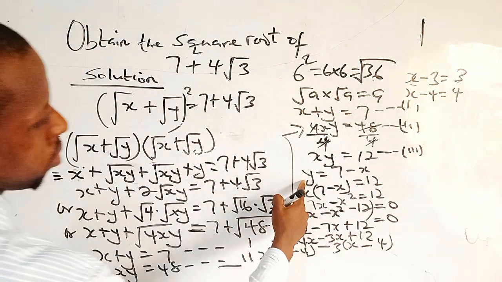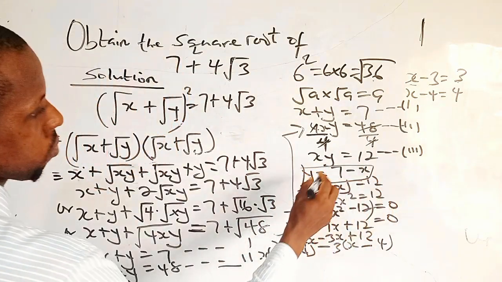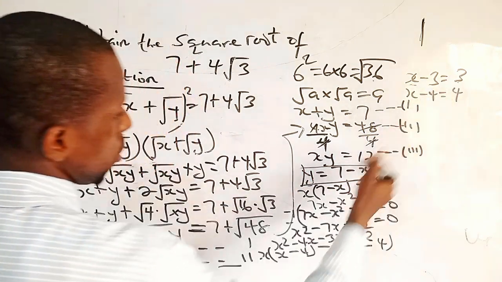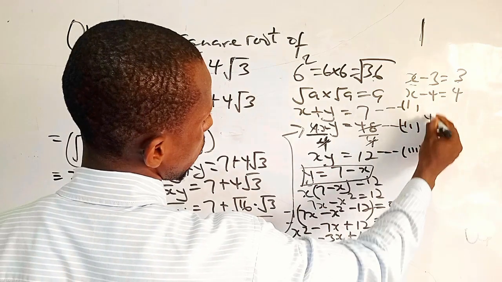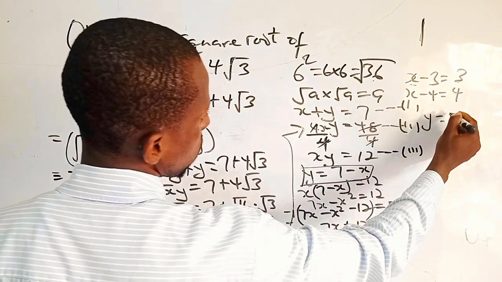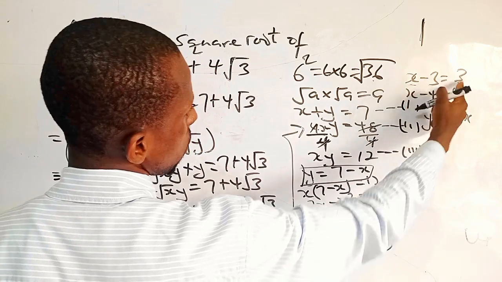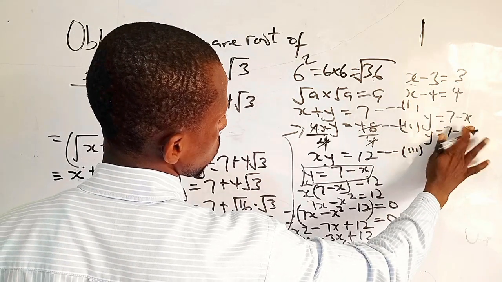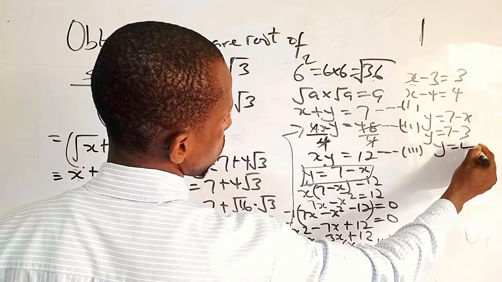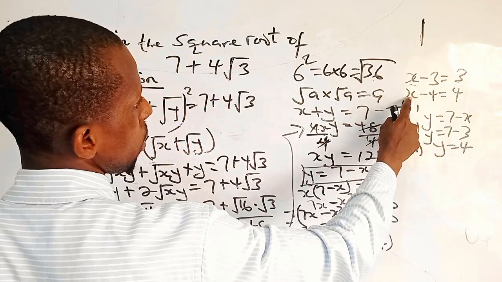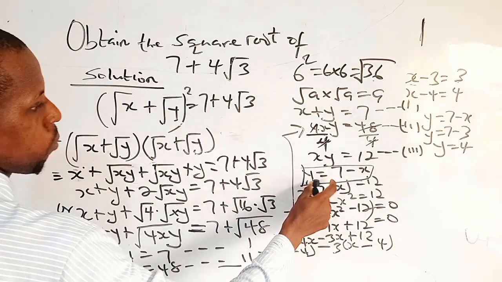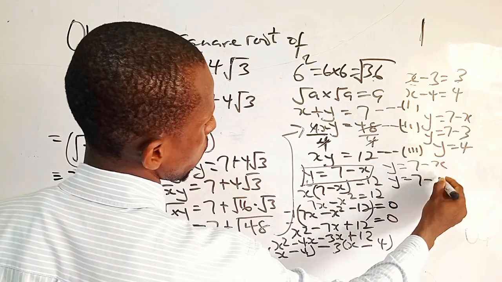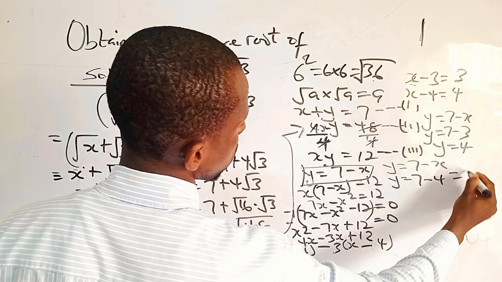To determine the value of y, since I have gotten x to be 3 or 4, I use y equals 7 minus x. When x is 3, y is 7 minus 3, so the first value of y is 4. And when x is 4, y equals 7 minus 4, that is 3.